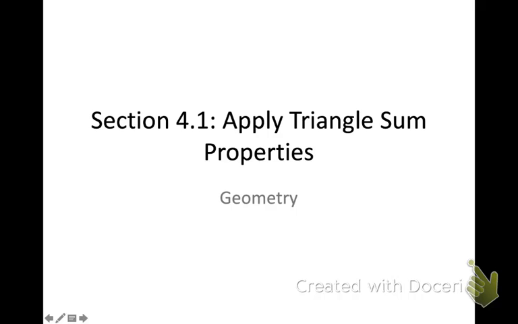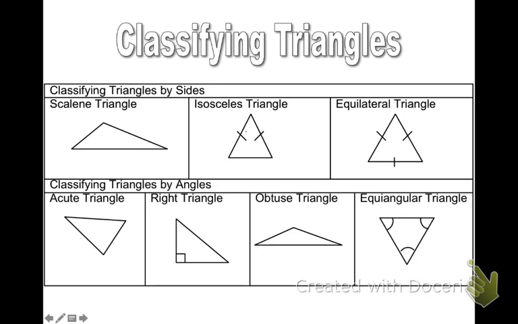So today should be a fairly easy section. What do we talk about when we're talking about triangles? Well, the first thing is, how do we classify them? So I think this is already there. You don't have to fill anything in for yourselves. A scalene triangle is a triangle that has 0 congruent sides.